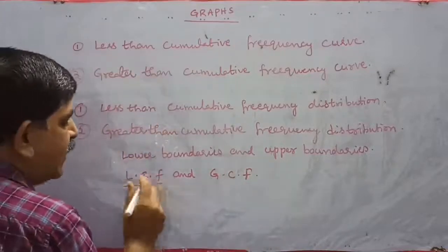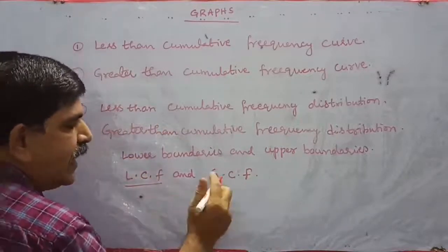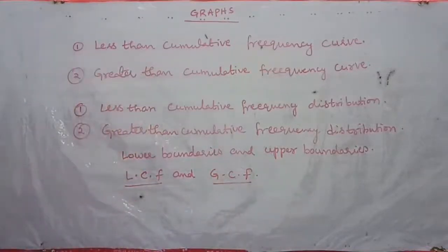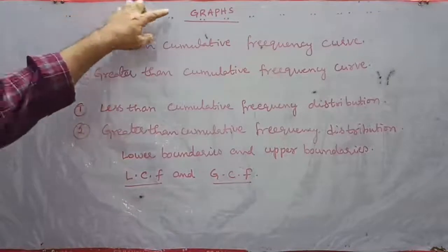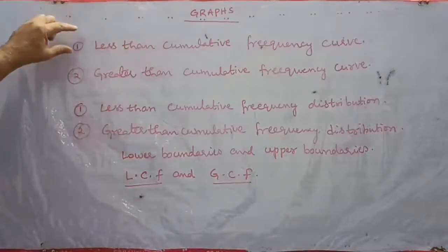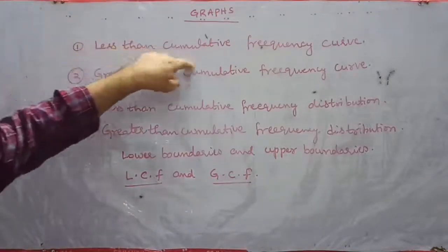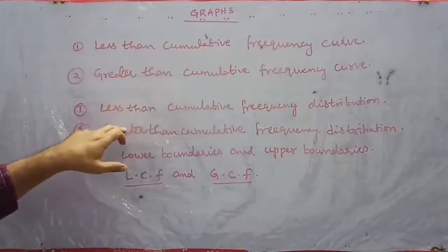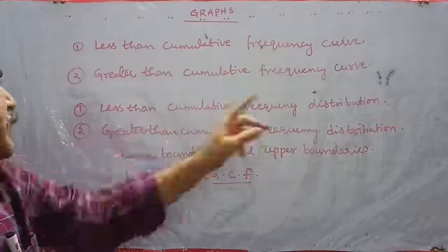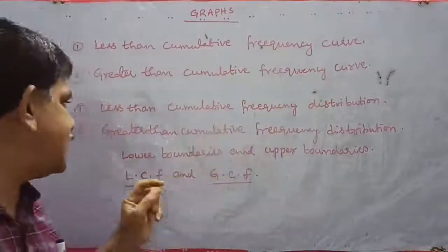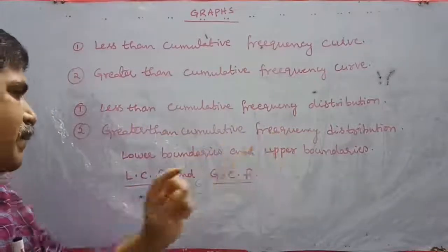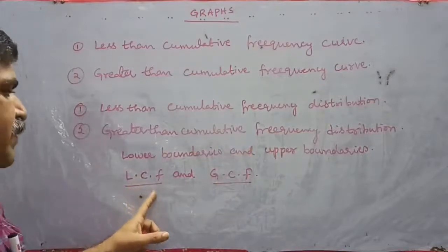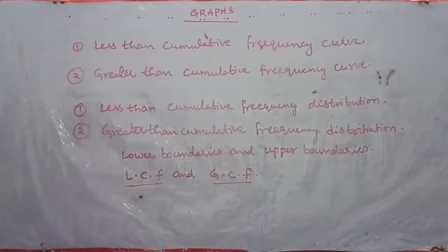What is LCF? Less than cumulative frequency, and GCF is greater than cumulative frequency. Right? To draw the graphs, we must find the distributions, the lower and upper boundaries, and also the less than cumulative frequency and greater than cumulative frequency.